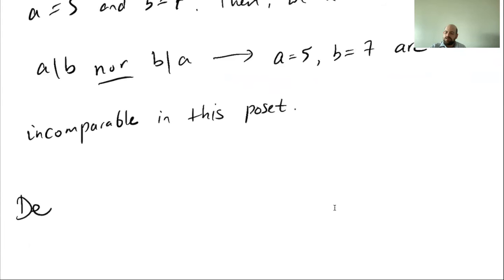So now the definition. See, I gave you one example in which any two elements were comparable. And I gave you another example where some elements are comparable and some elements are not comparable. So based on this, we can provide a definition. Let S and R be a poset.